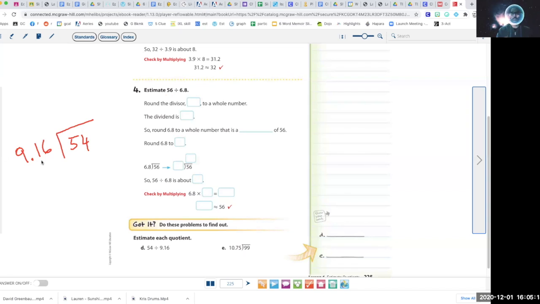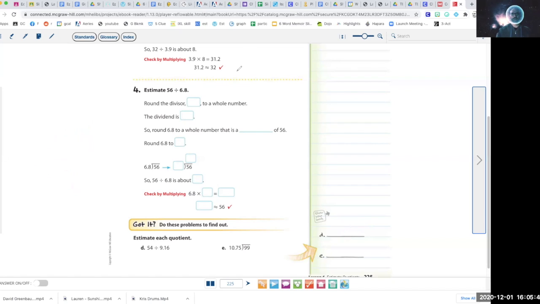Ready, go. You should have figured out that 9.16 is close to 9. So if I do 9 into 54, well, I know my times tables really well. I know that 6 times 9 is 54. So for letter D, the answer would be approximately 6.